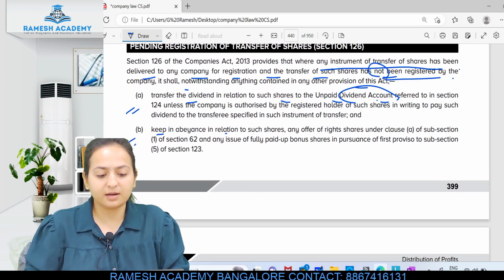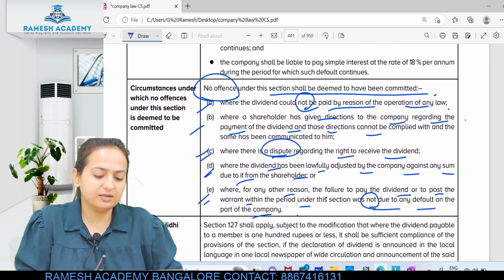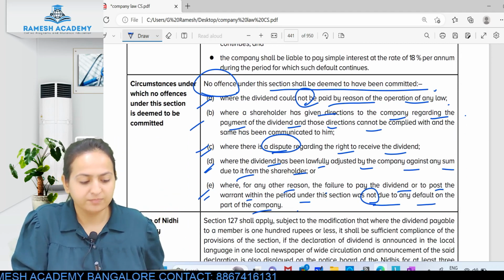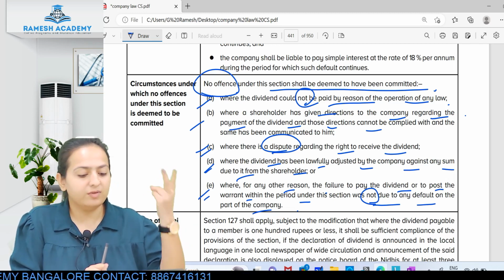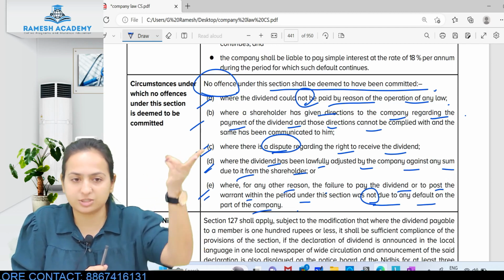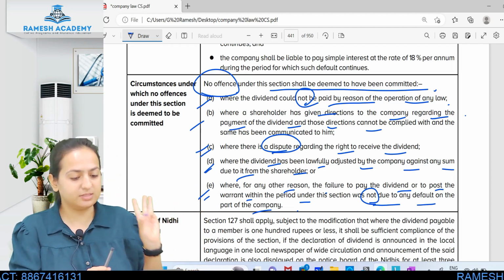And then the right of registration and transfer of shares we have studied. We have studied that there are some circumstances where default is not committed by the company when the dividend is not paid by the due date. When a shareholder has given directions to the company for payment of the dividend, and those directions cannot be complied with. There is a dispute regarding the right to receive the dividend.